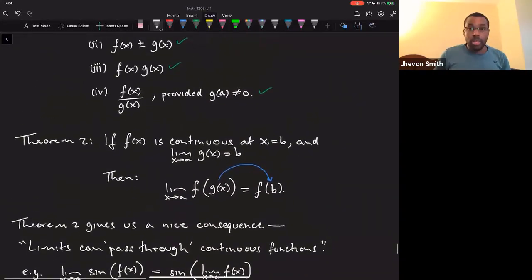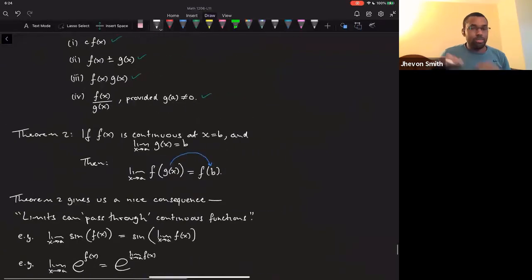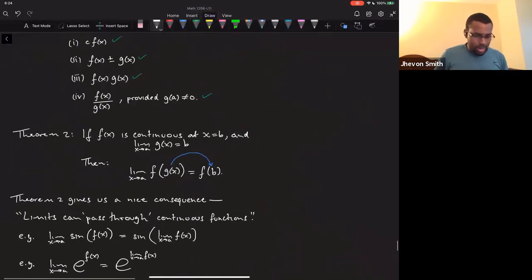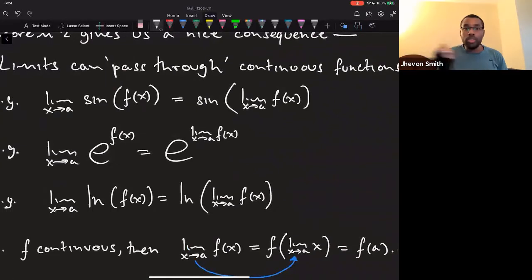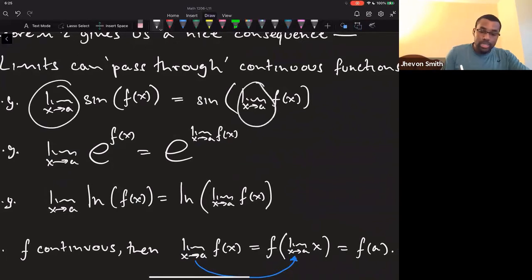We had a nice theorem here, which I don't really expect you to remember. What I do expect you to remember is what it gives us, that we can move limits inside and outside of continuous functions. So because sine of x is a continuous function, as you can see here, I can take the limit from outside to inside, right? I can pass the limit through sine of x.